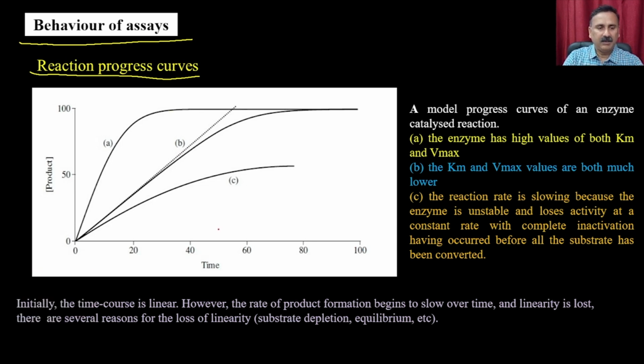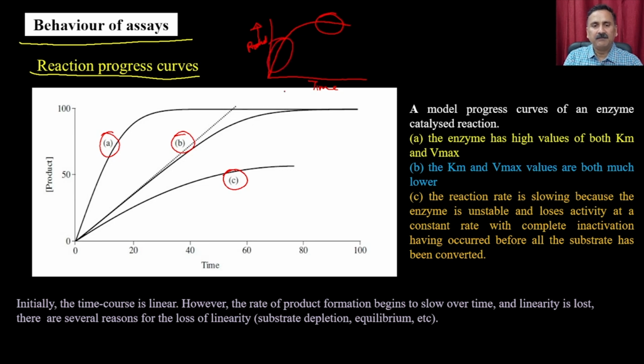It can either be curve A, it can follow curve B, or it can follow curve C. In either of these cases, what will happen is that when you run an enzyme assay for time versus product, and suppose you are measuring the product, initially it is going to be linear, and then it is going to saturate. Okay, so this is the non-linear region, and this is the linear region, right?